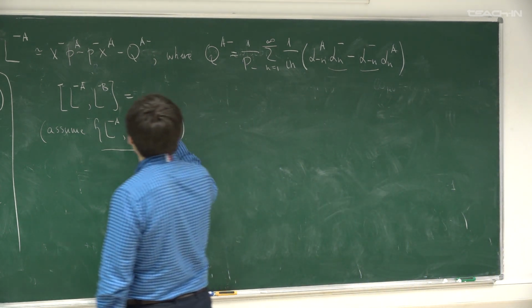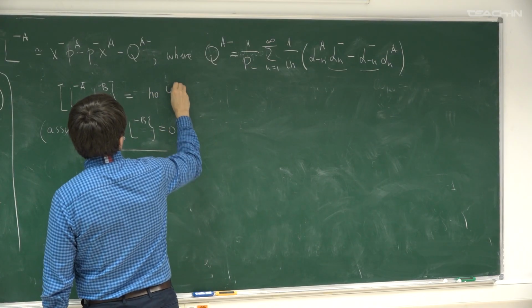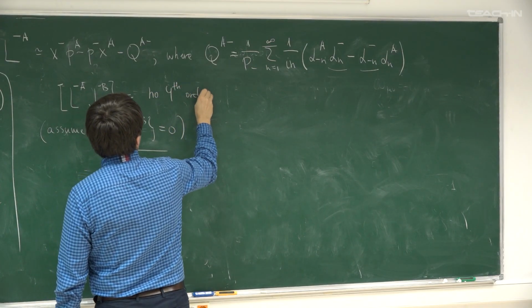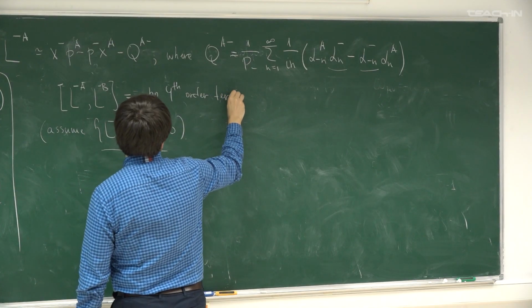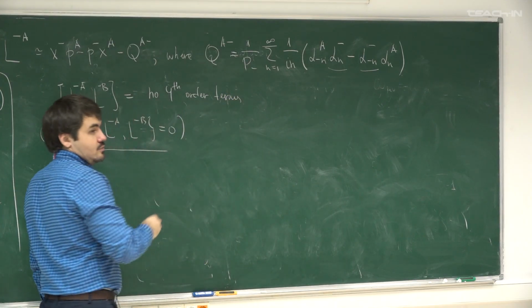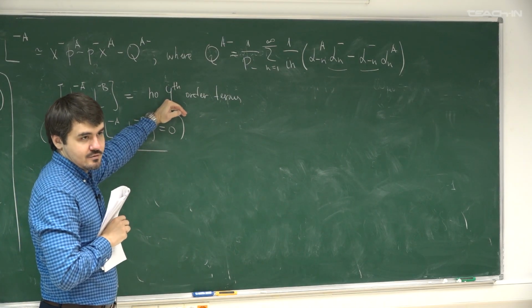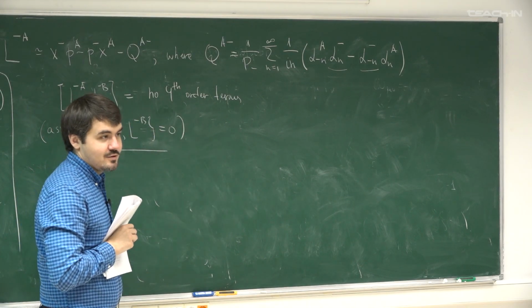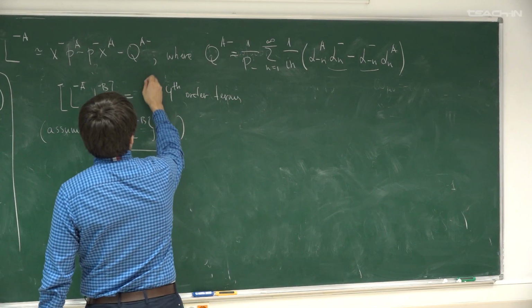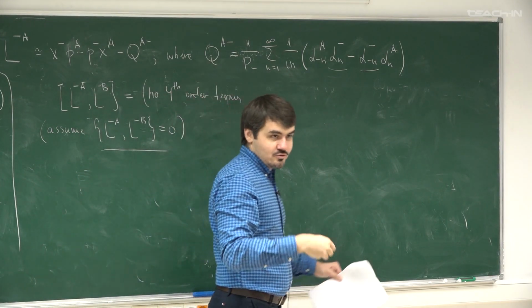So here there are no fourth order terms. If you just try commuting these guys, these fourth order terms will be a mess. So this argument is very, very useful. There are lots of fourth order terms which cancel.